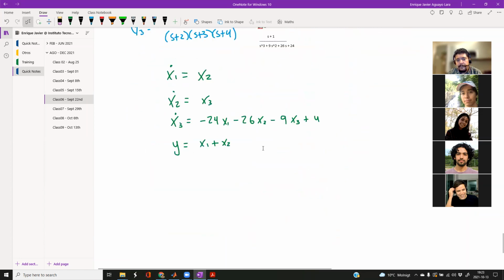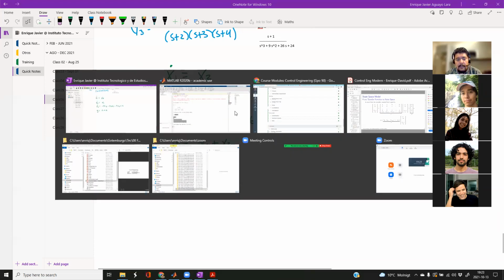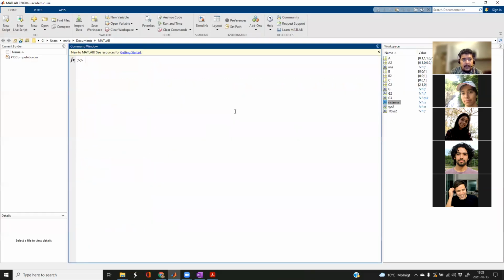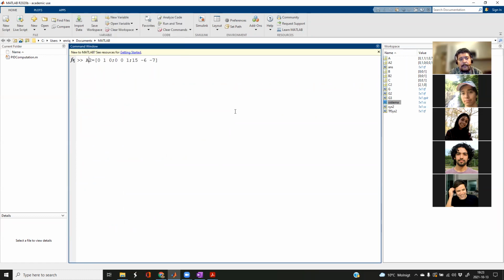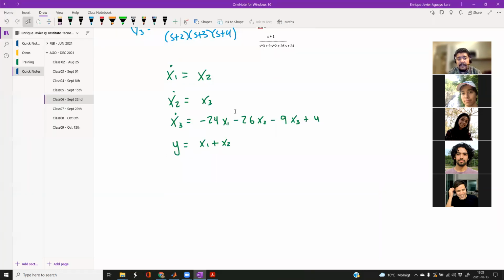So I'll use these to create matrix A, B, and C respectively for this system three. For matrix A3, I will bring back matrix A2, because I know that the only thing that changes is the last row, because that is the structure that I'm imposing to the system with the specific state space representation that I'm getting.